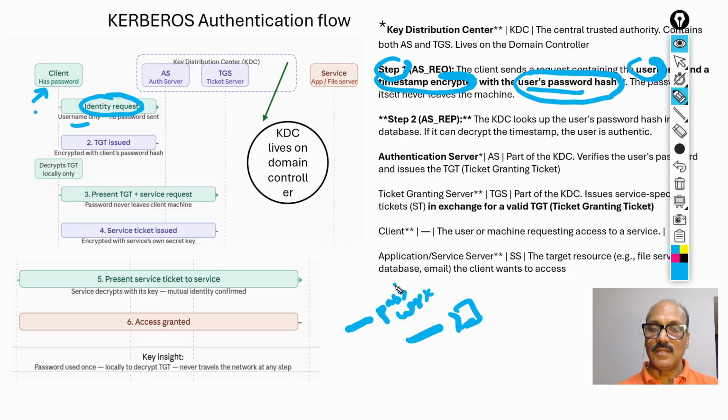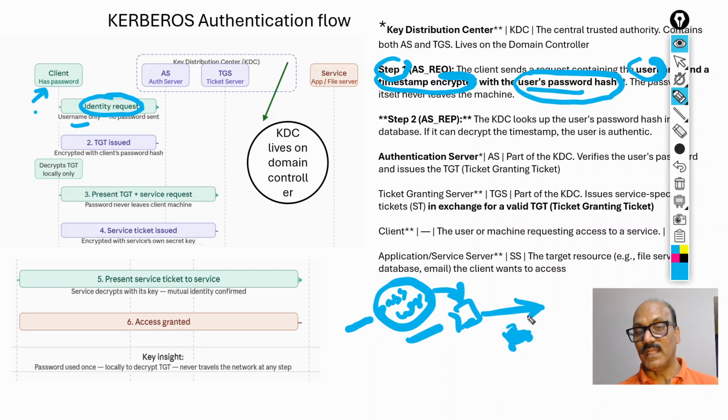In other words, the password is represented by a hash. Hash is a one-way operation. If anybody captures the hash, they cannot generate the password. That is the uniqueness of the hashing algorithm. This hash is used as a primary symmetric key. Remember, for encrypting something, we use a key. That hash is used as a key to encrypt the timestamp.